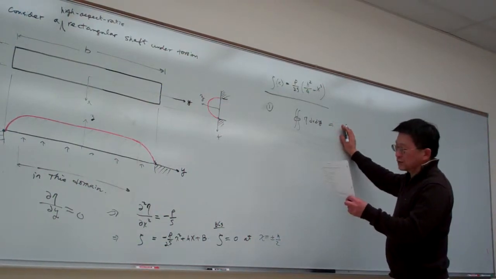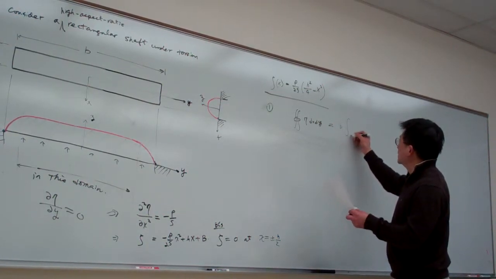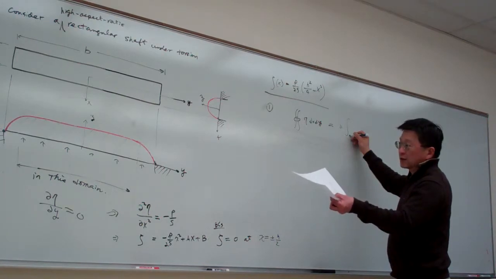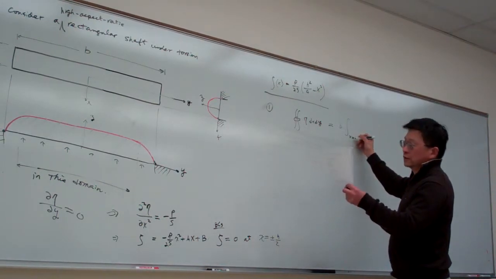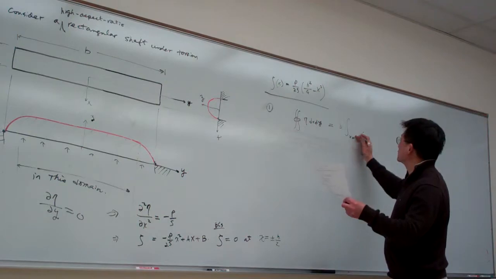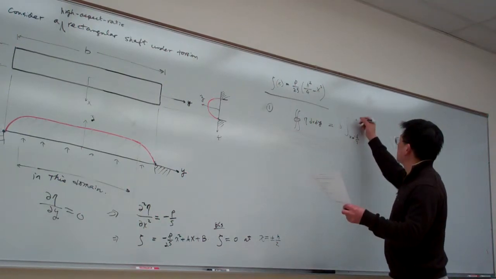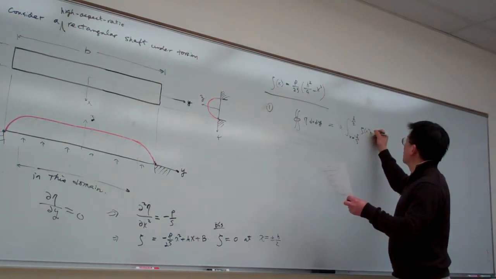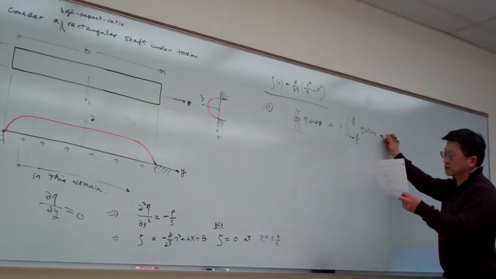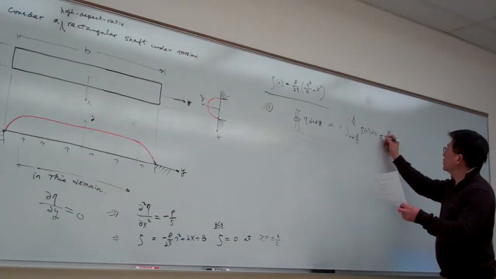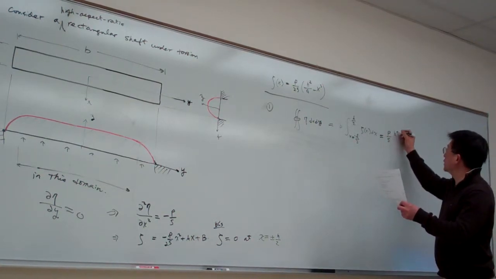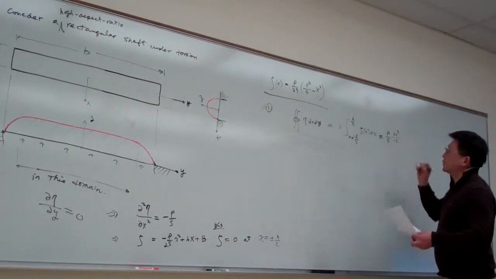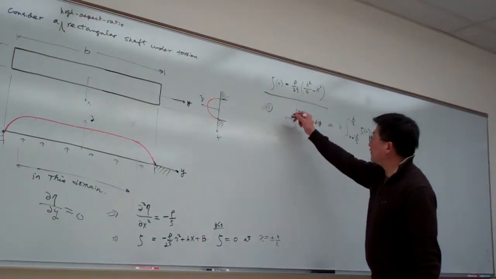So this one basically is B times the X, which equals P over S times BH cubed over 12. So this is our volume.